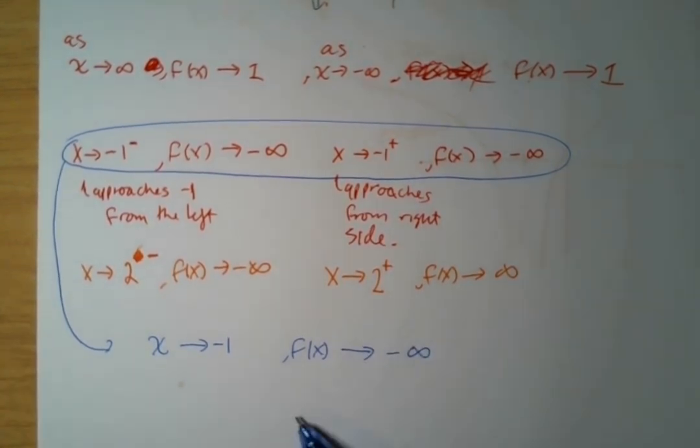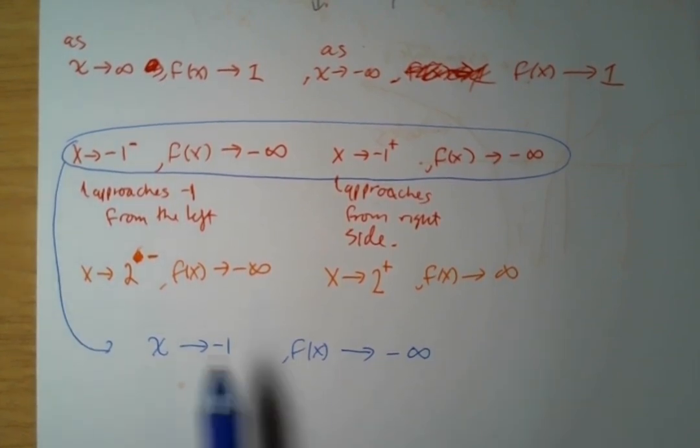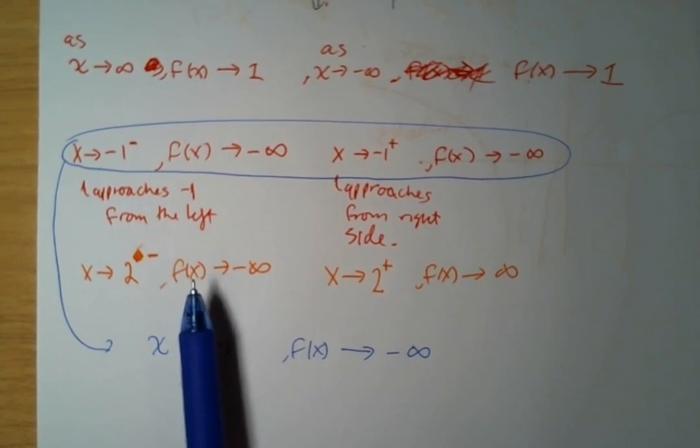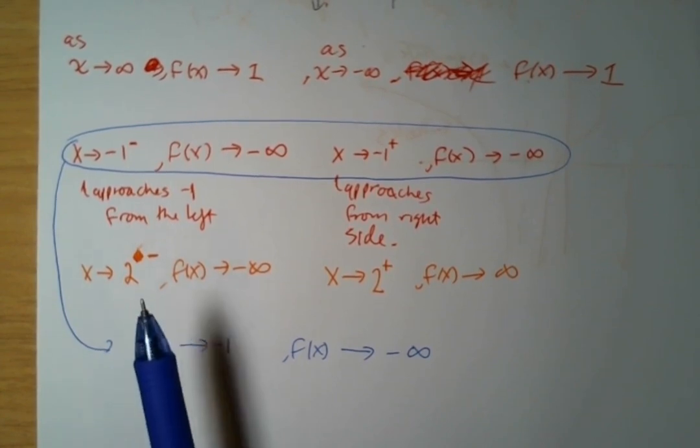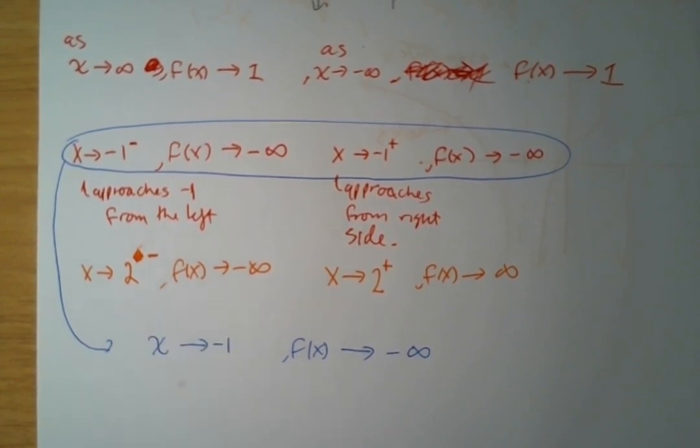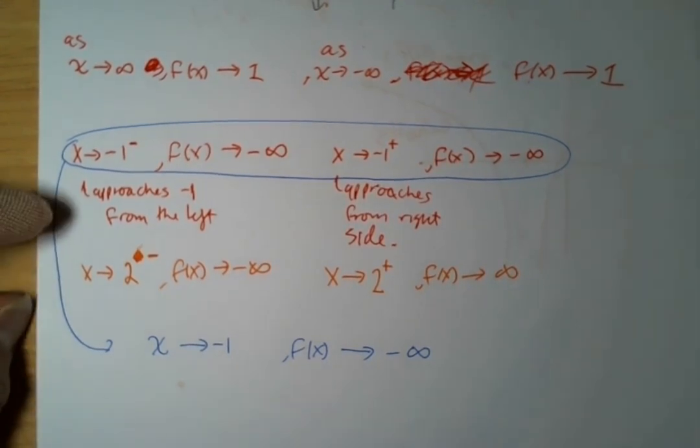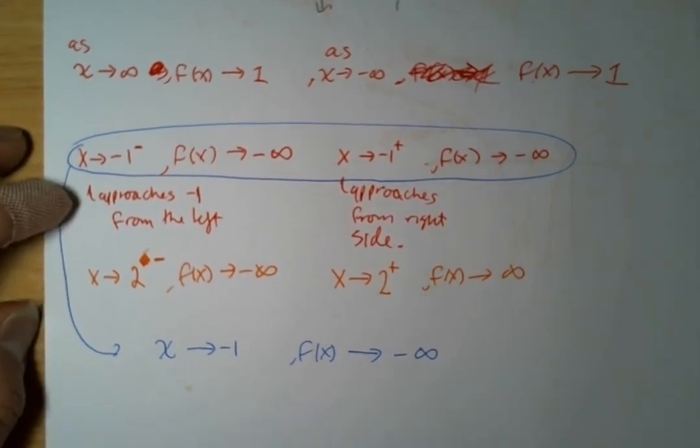I don't need to make the distinction from right or left. It is implied that it approaches negative infinity from both sides. Just keep that in mind. I cannot make that same statement for x approaches 2, because if one side goes to negative infinity, the other side goes to positive infinity. So just keep that in mind.